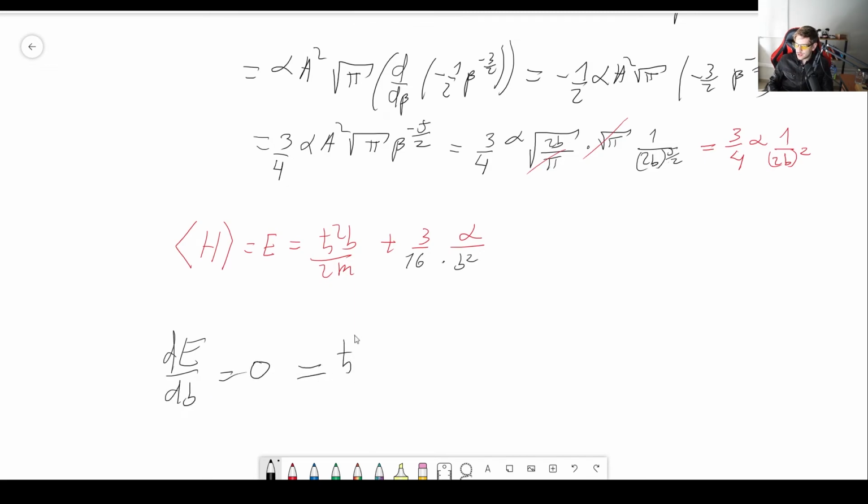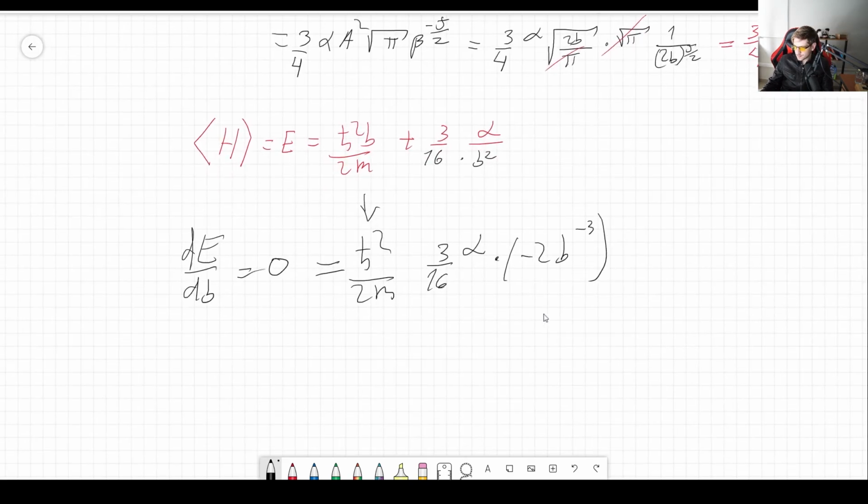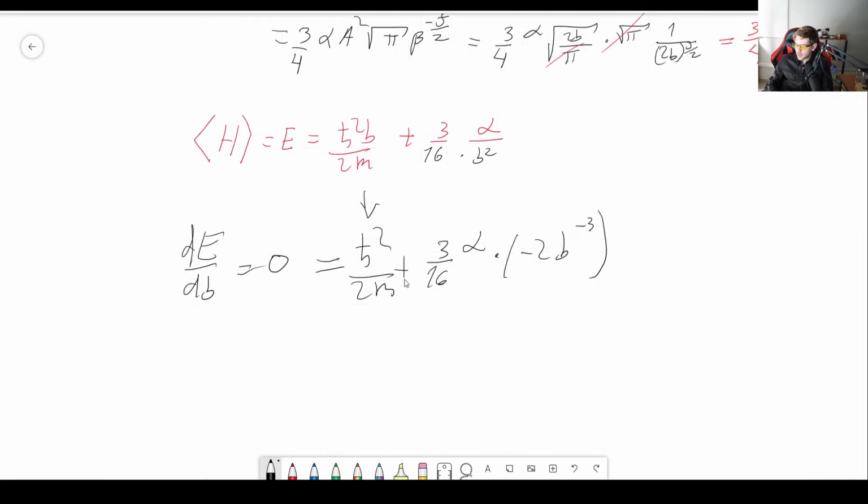So we get h bar squared over 2m from this first part, and then 3 over 16 alpha times, this is b to the minus 2, so we get minus 2 b to the minus 3. Plus, of course. So now let's solve for b. We can add this to the left-hand side, so we get 3 over 8, simplifying this 2 with the 16, alpha times 2b to the minus 3.